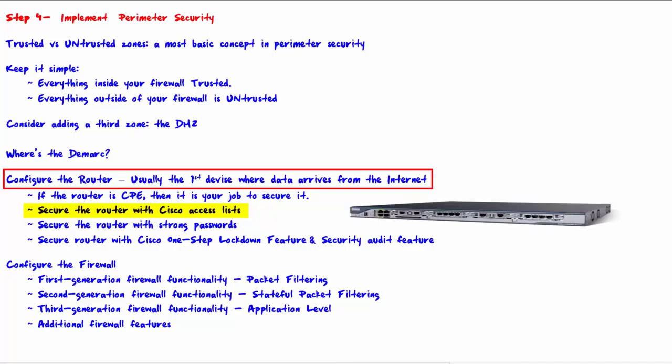You can filter on source IP address, destination IP address, source port, destination port, plus more. So you may decide what source and destination IP addresses and what source and destination ports are allowed to pass the router, and then enforce this with an ACL.